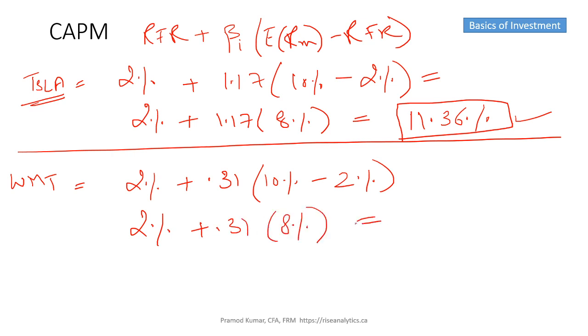So let's calculate what it is. 8 times 0.31 plus 2 is only 4.48%. You see? So the required return on Walmart is way lower compared to Tesla.